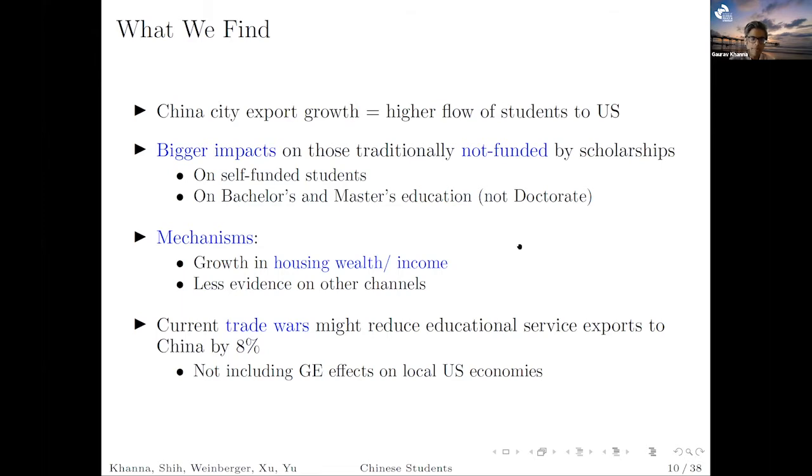And that's just counting, this number of 8% is only counting the money that we're getting in terms of tuition revenue, not counting the broader impact on the local economies that surround these US universities, right? International students have big impacts on local economies as well.